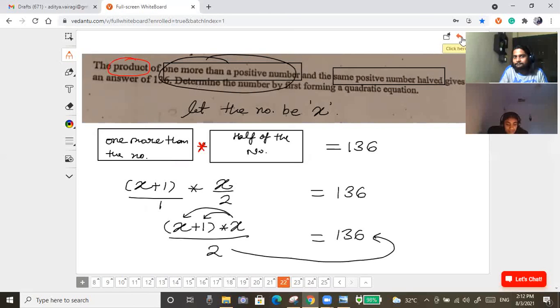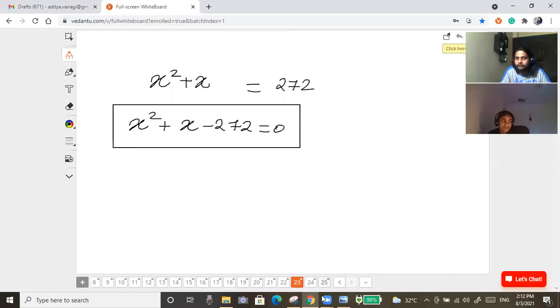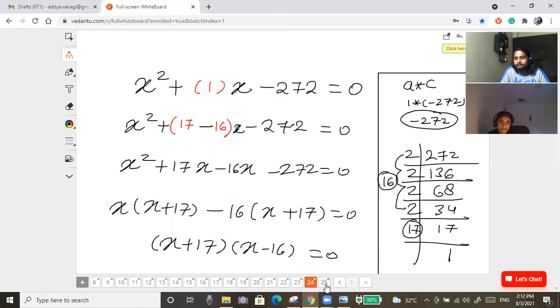So one more than the number itself is what? x plus 1, isn't it? And the other thing that we have to multiply is half the number, means number over 2, that is x over 2, because we assume the number to be x. And then we just perform simple calculation. We multiplied it, we simplified, we converted it into the standard form, and then we got the answer like that.